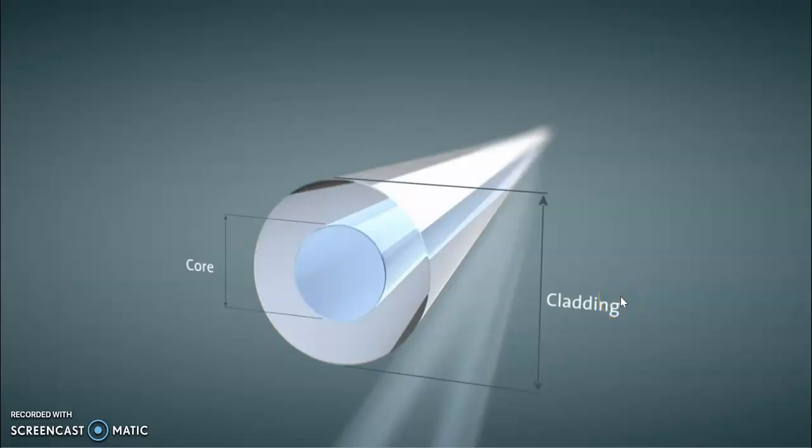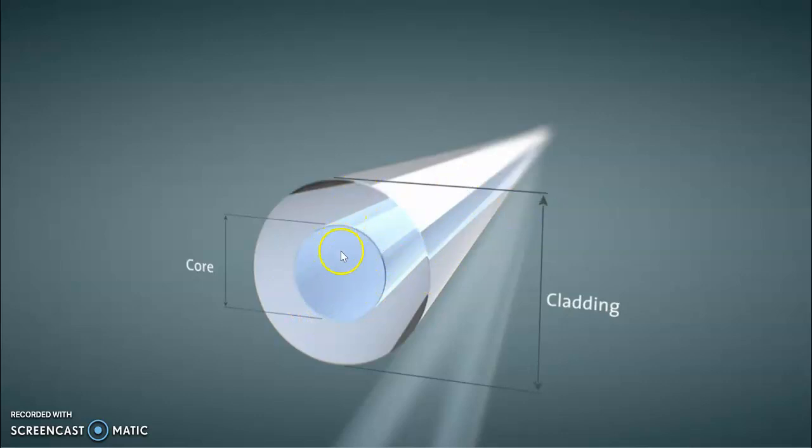This is the concept used in optical fiber communication, where we have very high speed internet and data communication thanks to optical fiber technology. It works on the principle of total internal reflection. Light will be falling into this fiber and it will be internally reflected.